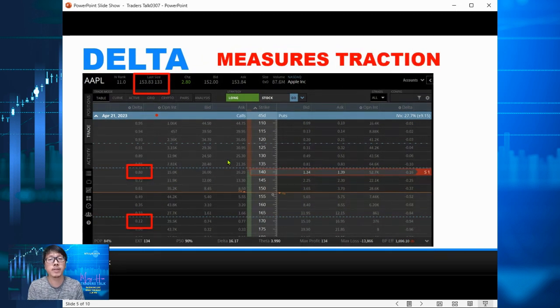Okay, then the second metric is what delta actually measures: traction. What is traction? To explain traction, maybe you can think of a short person. A short person has short legs, right?